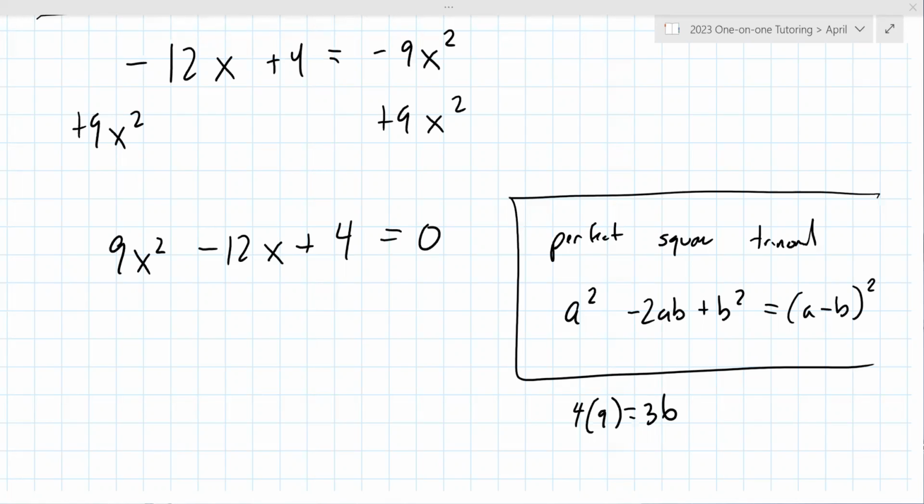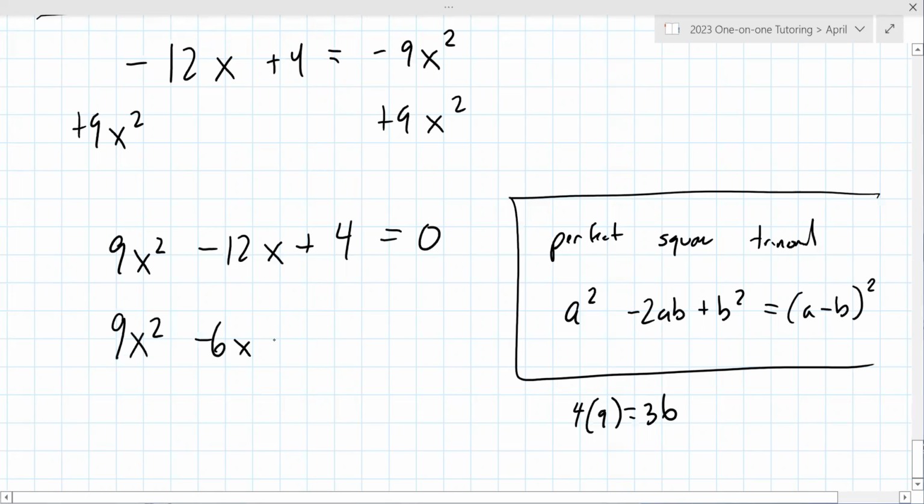Oh, -6 and -6. Yeah. So it's 9x squared minus 6x minus 6x plus 4.